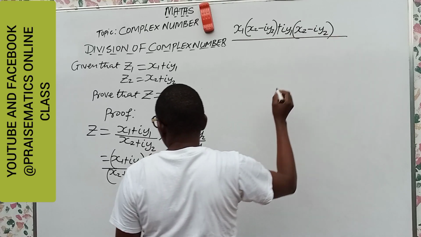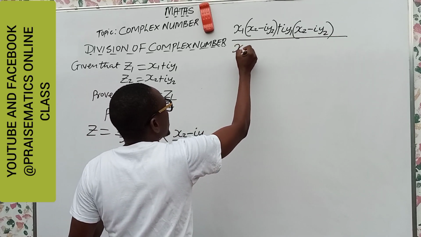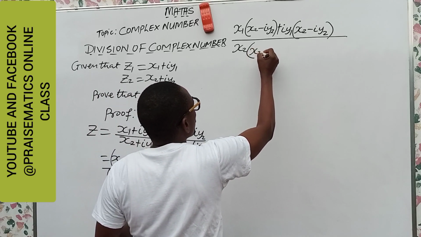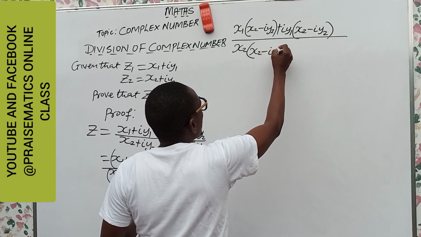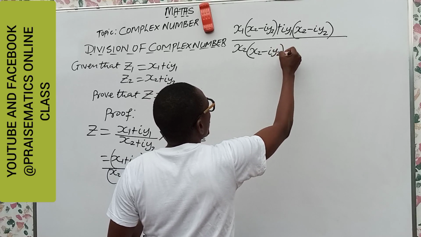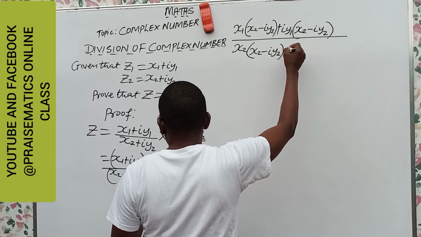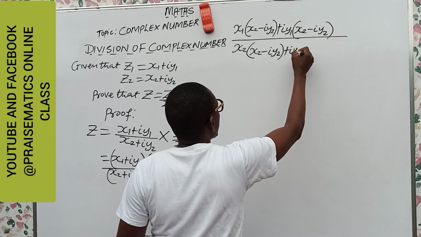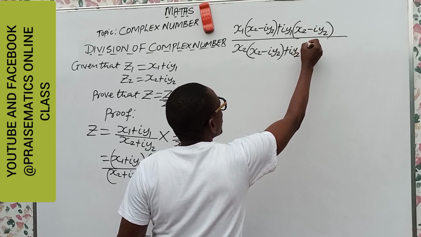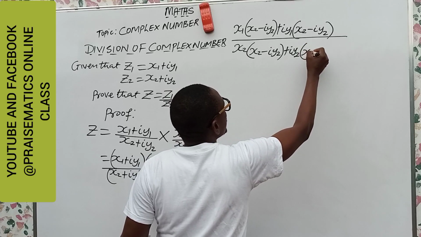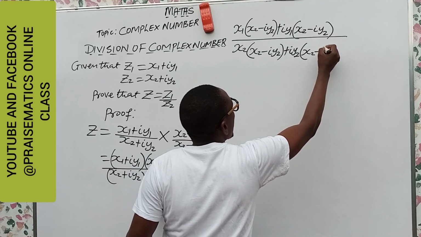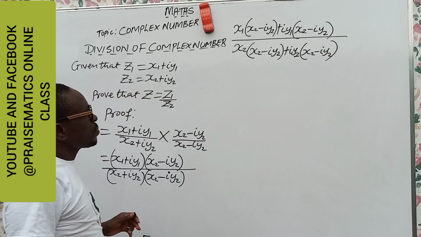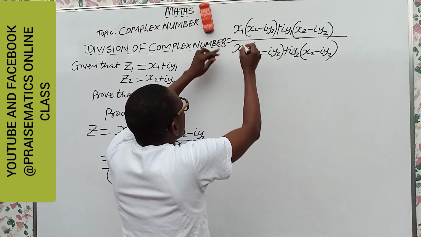All over, the same thing, the denominator: x2 into x2 minus iy2. Close it. Plus iy2 into x2 minus iy2. Close it. Now let's expand.